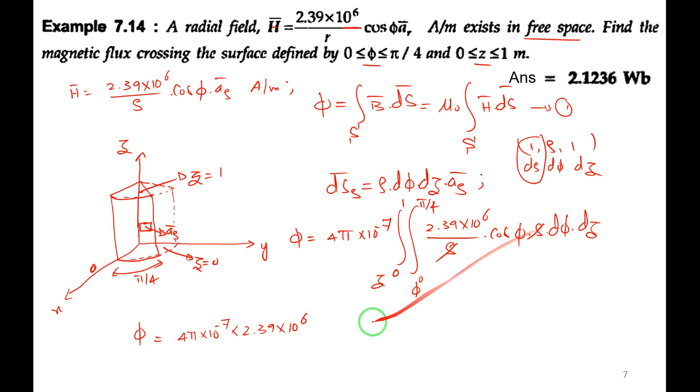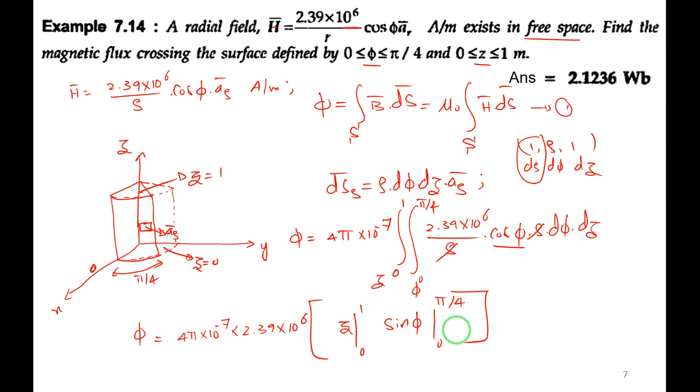Then what I'm left with is only cos phi d phi dz. Let us integrate with respect to z. Z is constant, varying from 0 to 1. The integration of cos phi is sin phi, with phi limits 0 to pi by 4. So we'll calculate this.